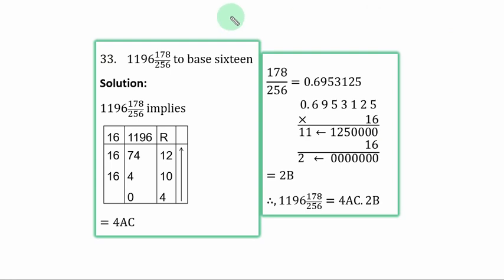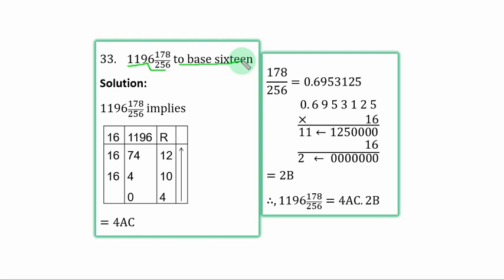Example 33, we have 1196 whole number, 178 over 256 in base 10 to base 16.